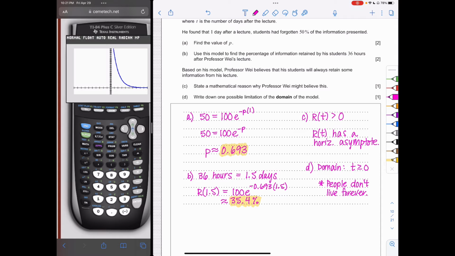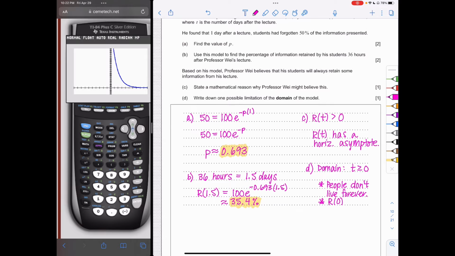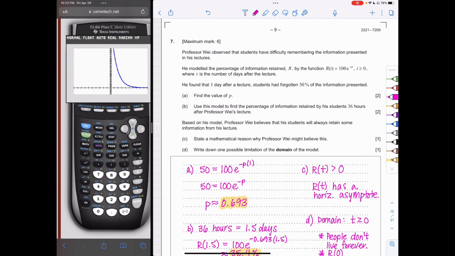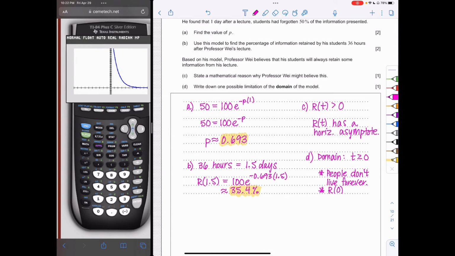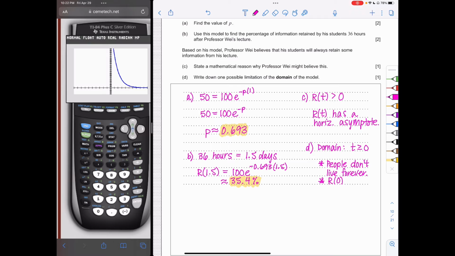Another reason that you could put here is the fact that if we are looking at the time being greater than or equal to 0, let's say if the time is 0, going back to what R means, remember R is the percentage of the information retained after a certain amount of days after the lecture. If I say R of 0, I'm basically saying the percentage of information retained after 0 days after learning.